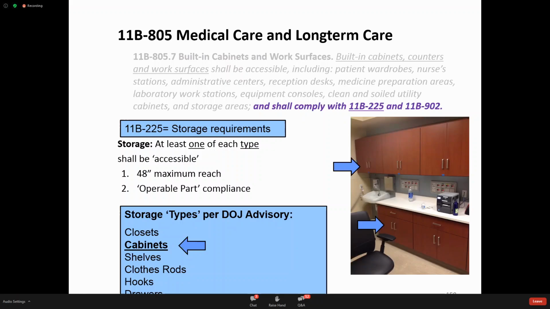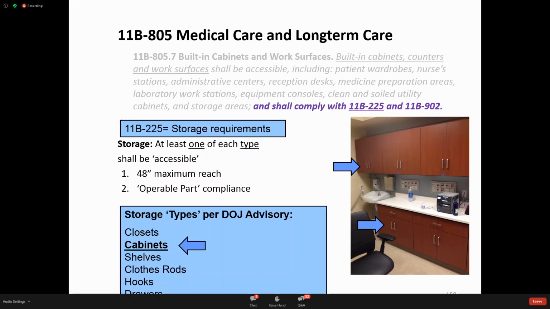So what we can do from a building code project approval standpoint is require that if you're going to have an upper thing that's above the 48-inch height, you have to have a lower one. Now, 6 years from now, if somebody puts the jar of tongue depressors up on the high shelf, the building code official isn't part of this discussion. They're not going to know about it. They're not going to regulate it.